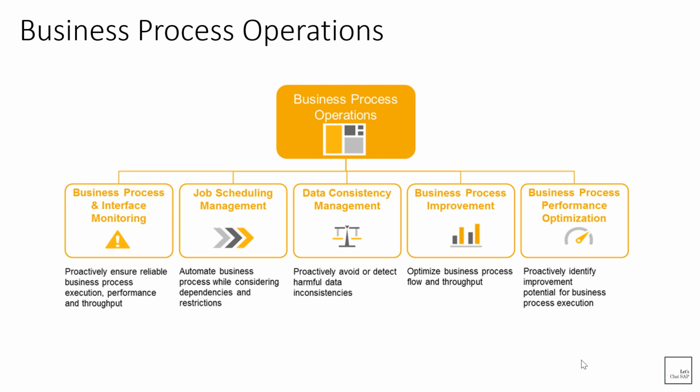The next one is Business Process Operations. It contains tools like Business Process Monitoring and Integration Monitoring, Job Scheduling Management, Data Consistency Management, Business Process Improvement, and Business Process Performance Optimization. These tools can help you monitor and improve the core business processes across your SAP systems.